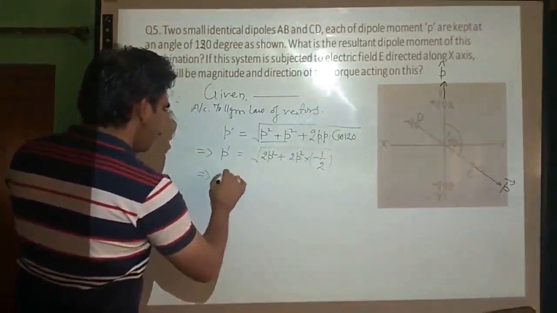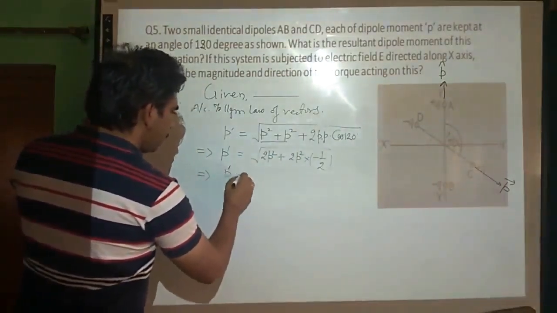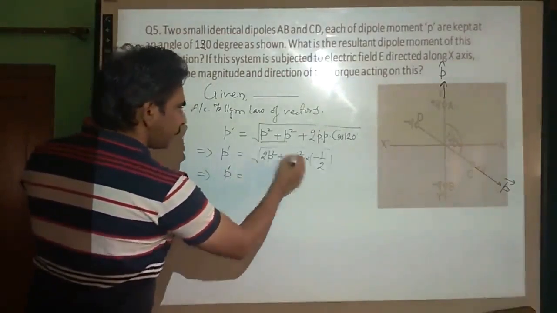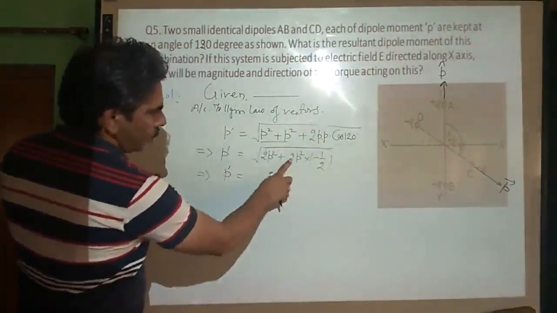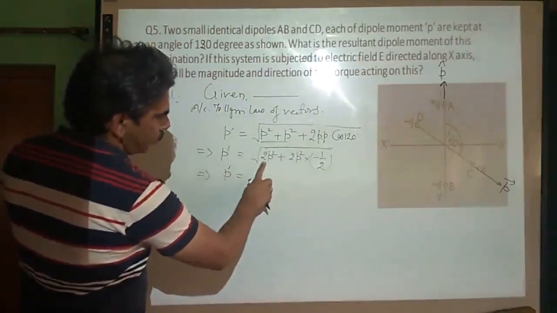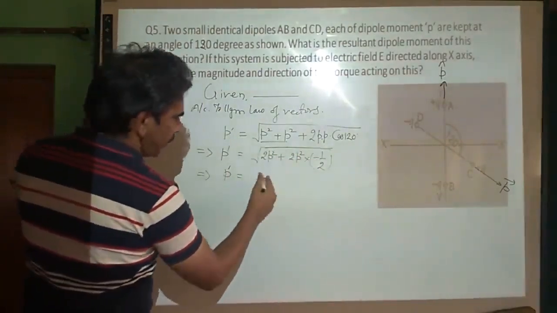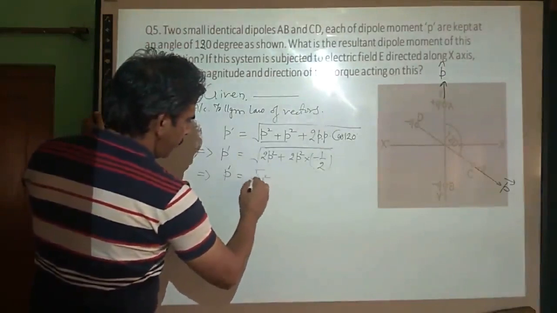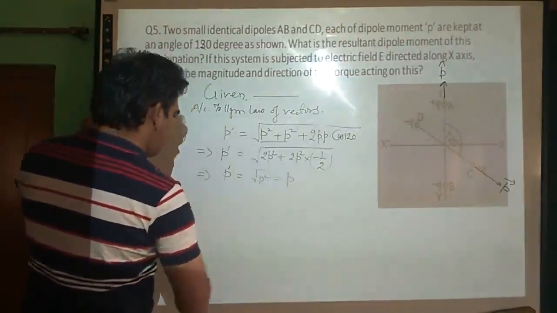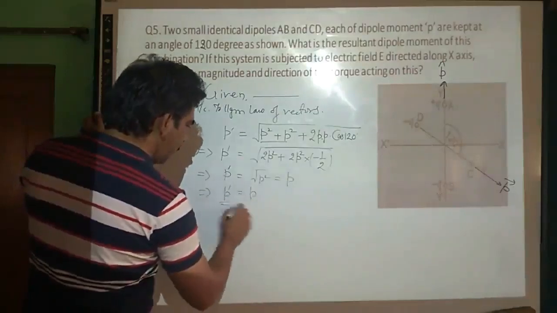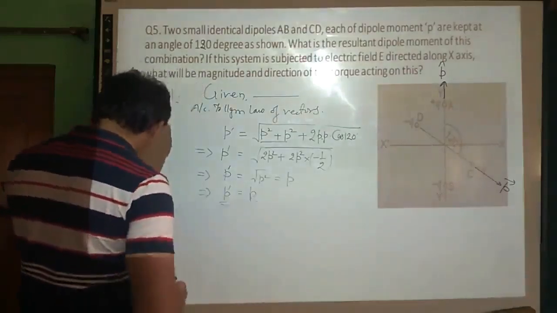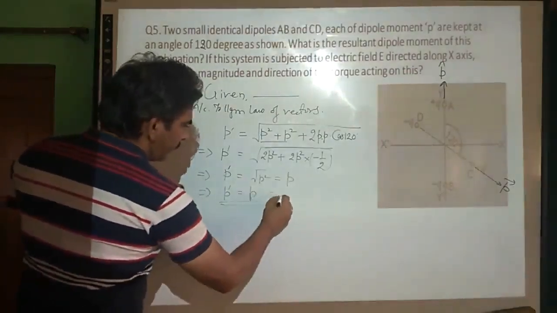So from here, 2 cancels out with the 2 and we have a minus sign, so it is 2P square minus P square, which is P square under root, which simply means P. So the resultant dipole moment is equal to P coulomb meter.